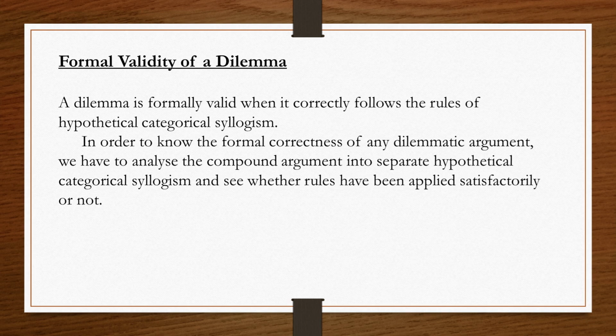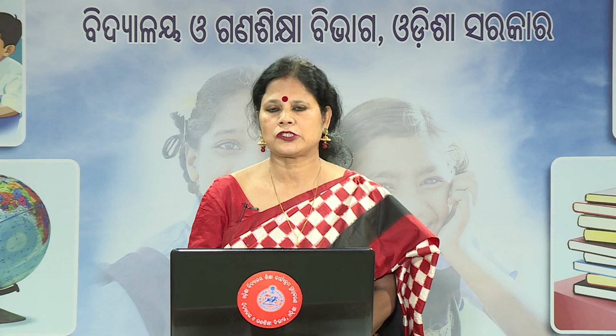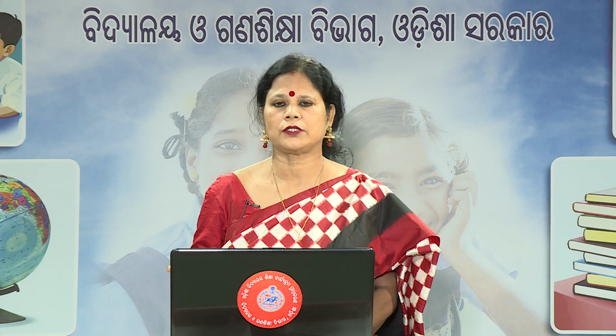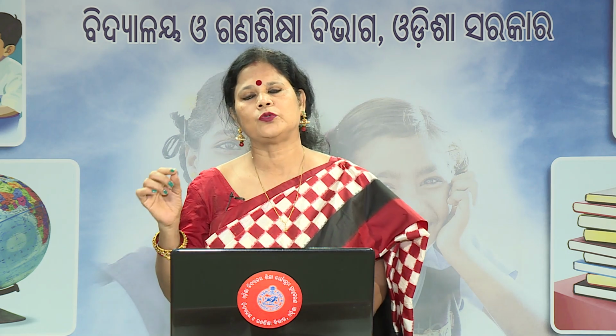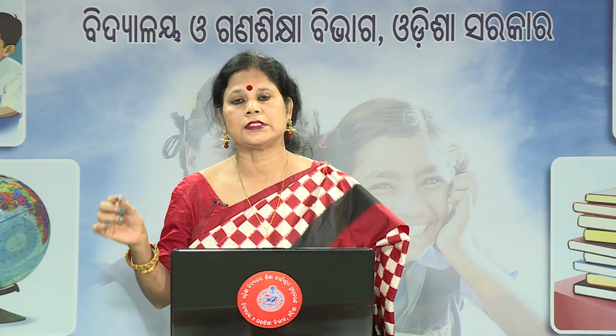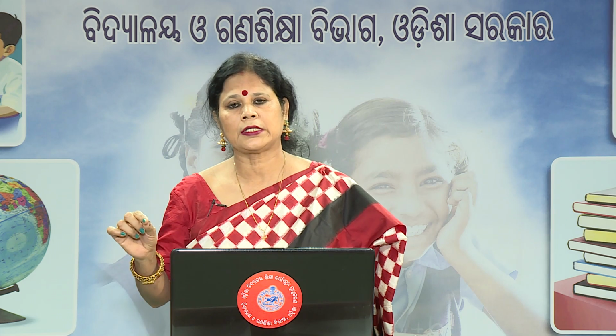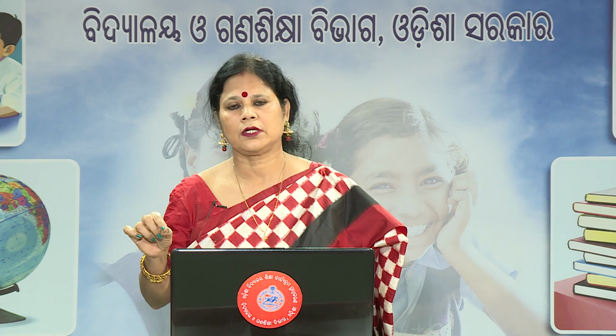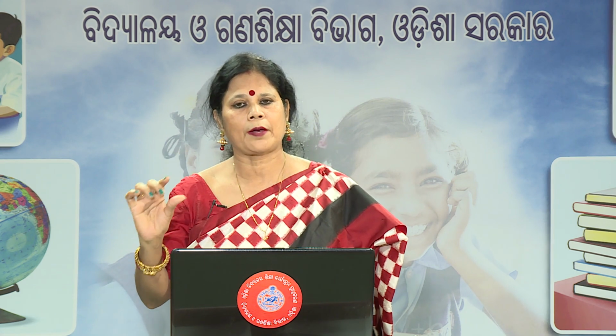We say that a dilemma is formally valid when all the rules are applied correctly. You know the two rules of dilemma, constructive and destructive. Rule 1: by affirming the antecedents disjunctively in the minor premise, we affirm the consequent or consequents in the conclusion. Rule 2: by denying the consequents disjunctively in the minor premise, we deny the antecedent or antecedents in the conclusion. If these two rules are correctly applied in a dilemma, you will call it a formally valid dilemma.